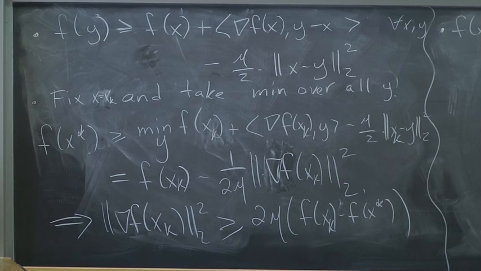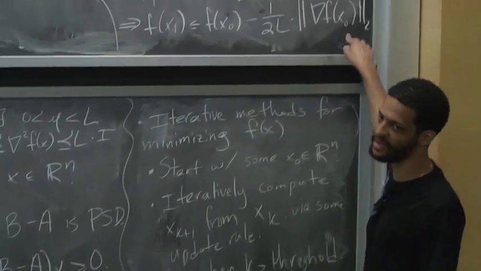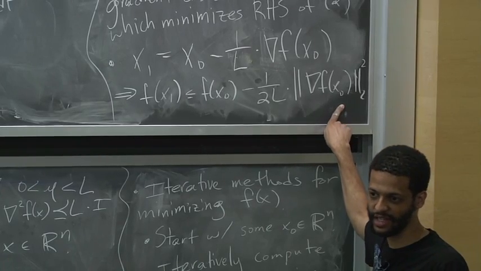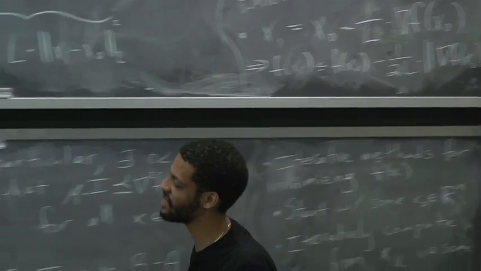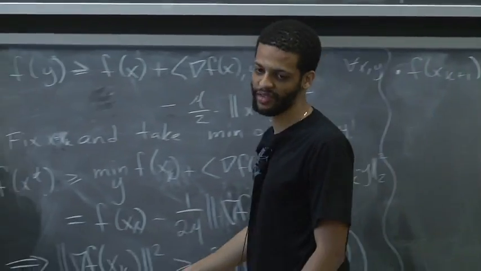Okay. So this looks sort of nice because we know that our progress is measured in terms of subtracting off some multiple of the gradient. So we'd like to say that the gradient is big so that we made a lot of progress. And this is telling us some lower bound on the gradient.